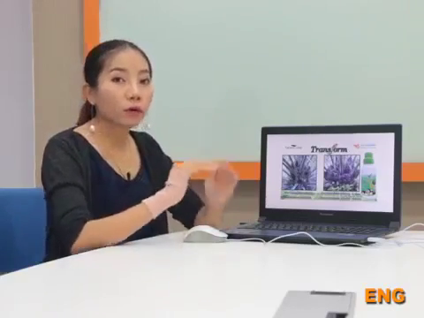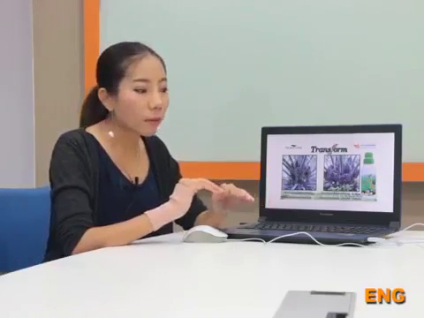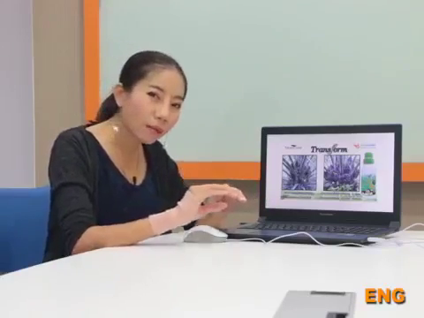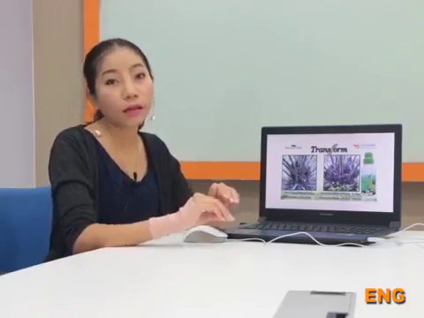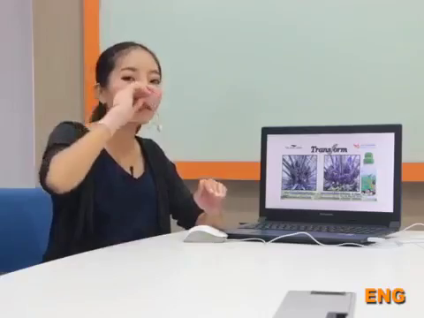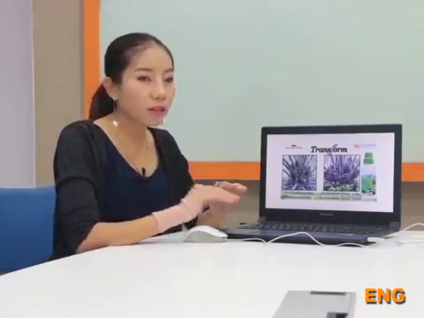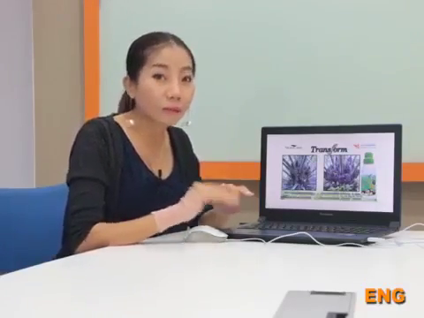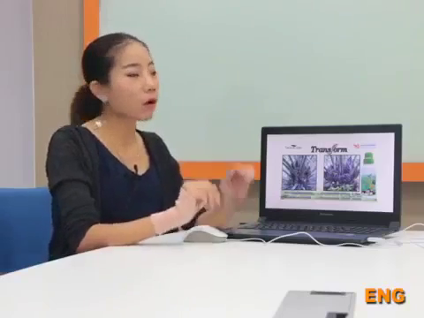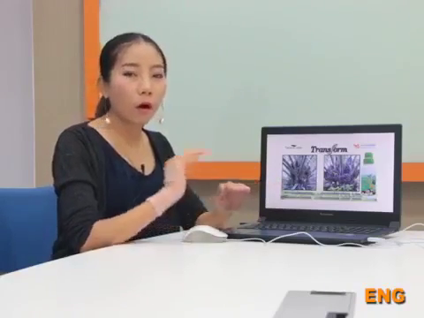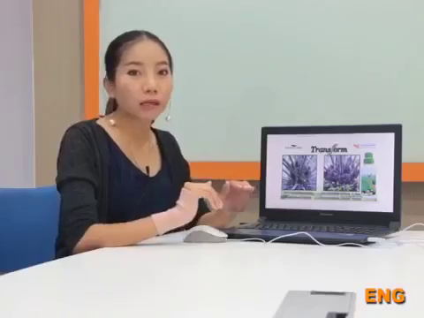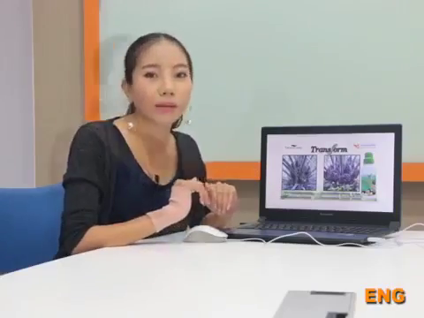For example, use TF1 50 cc and TF2 50 cc to 20 liters of water for giant rubber tree, and use TF 30 cc to 20 liters of water for medium or small rubber tree.